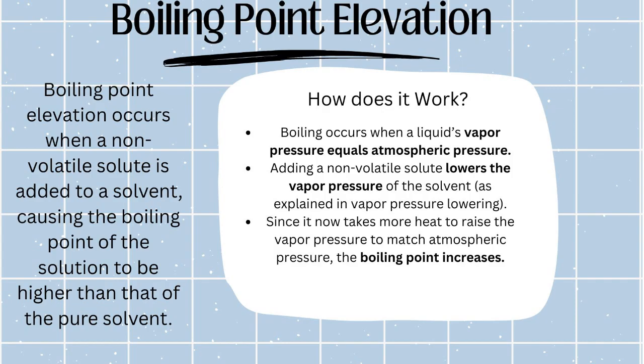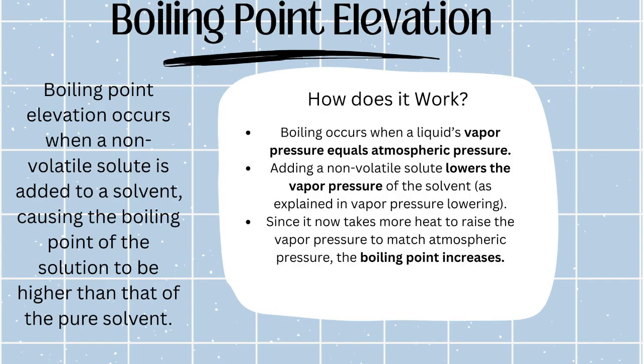Boiling happens when a liquid's vapor pressure becomes equal to the atmospheric pressure. Basically, when the liquid pushes up with enough force to overcome the air pressure above it. But as you may know, when a non-volatile solute is involved, it lowers the vapor pressure of a solvent, as we have talked about before.